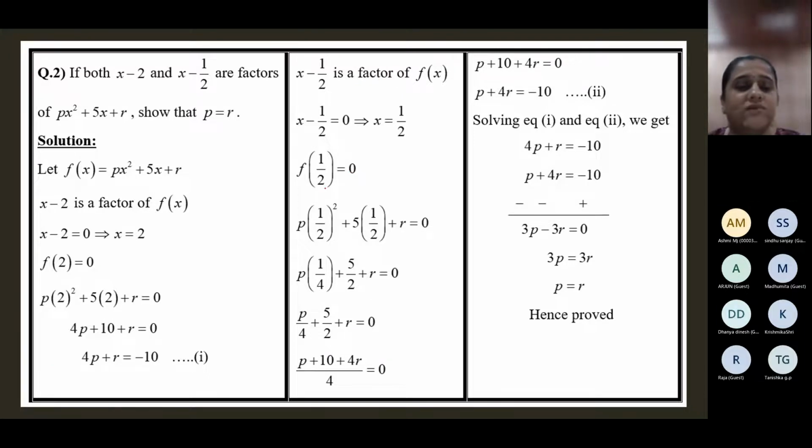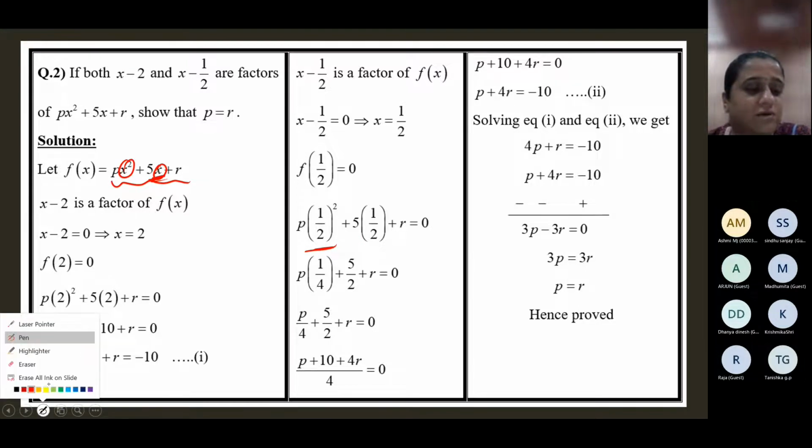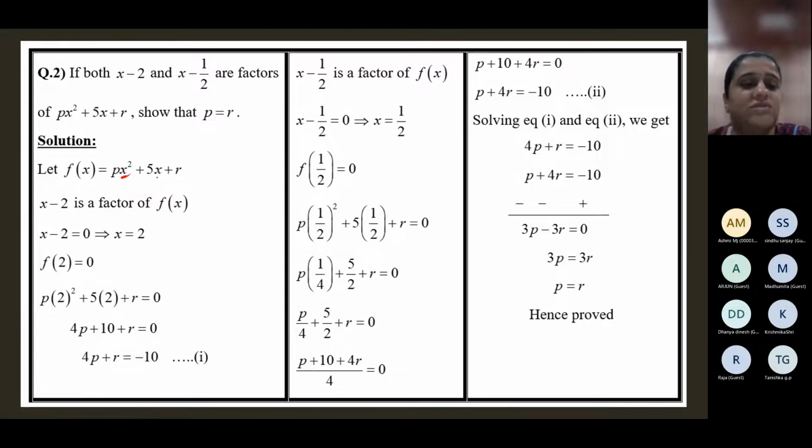So now f of half means in f of x, wherever there is x, you must use half. So p into half the whole square plus 5 into half plus r. Only x, wherever there is x, you must use half, not for r. P and r will be as it is.